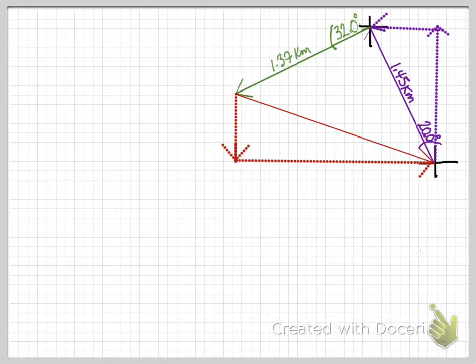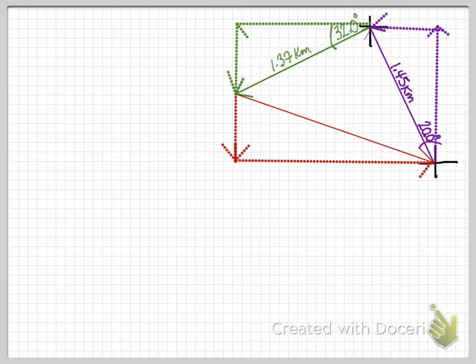Now, for the second leg of the journey, our x displacement, having a hard time getting that one centered where I want it, is there, and our y displacement is there, very clearly downward. So in other words, our y displacements are in opposition to one another. Your final drawing should look something like this.